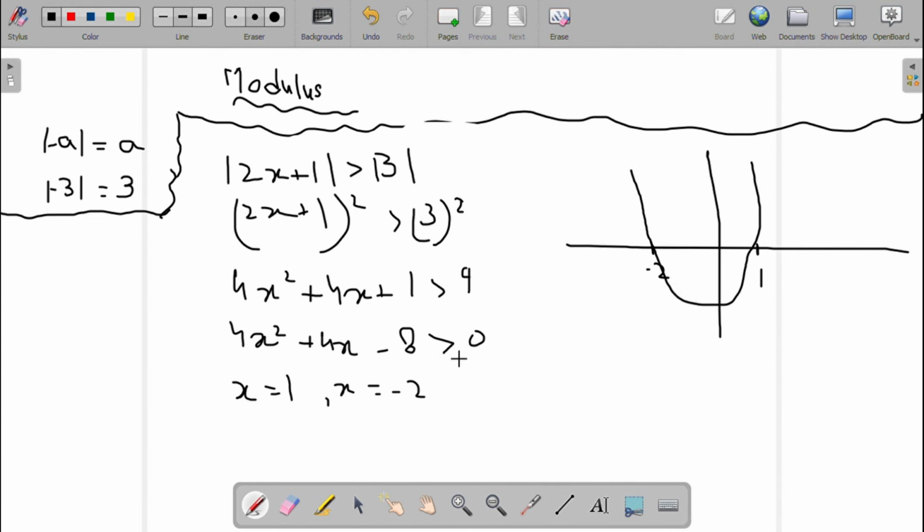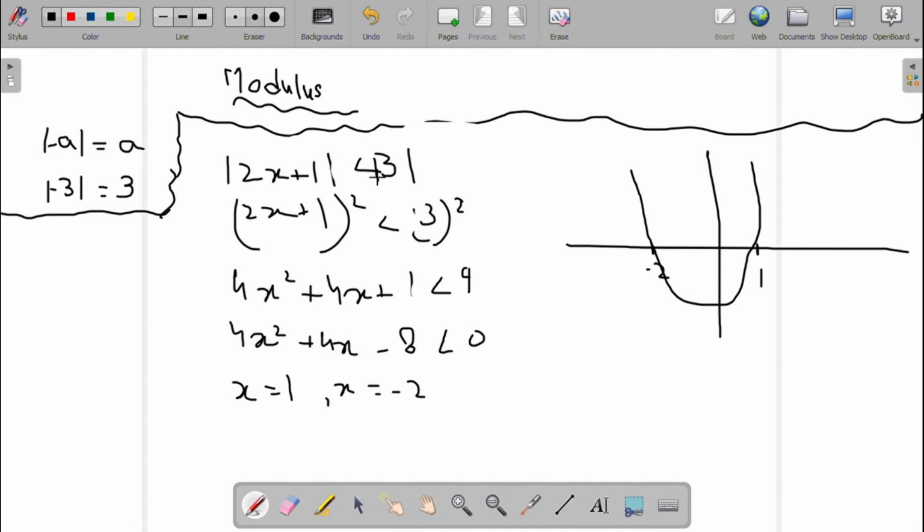Now let's take it here less than 0, because in the last example we took greater than 0. So when we have the less than sign, you always have to shade below the x-axis.